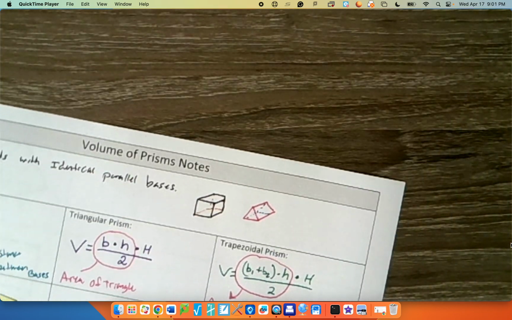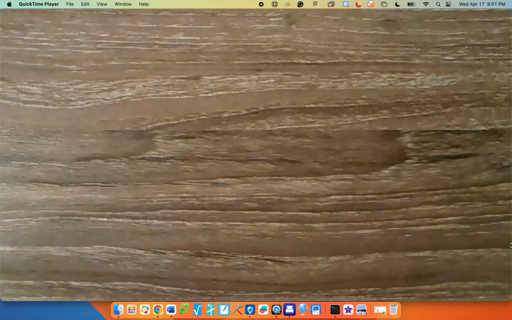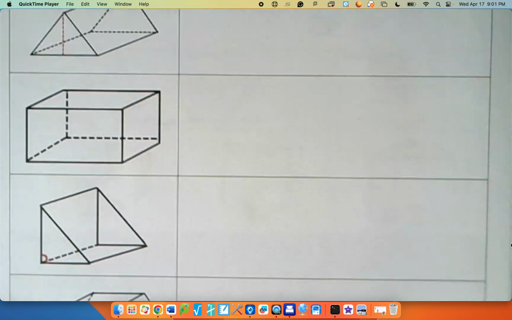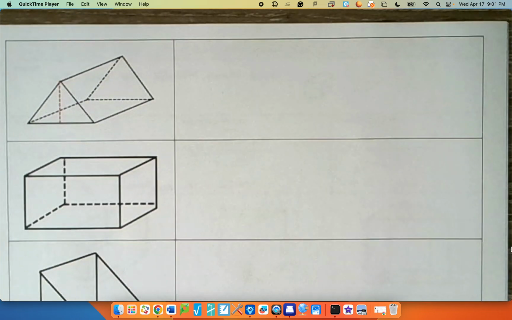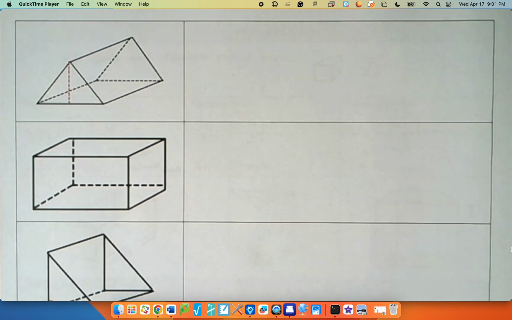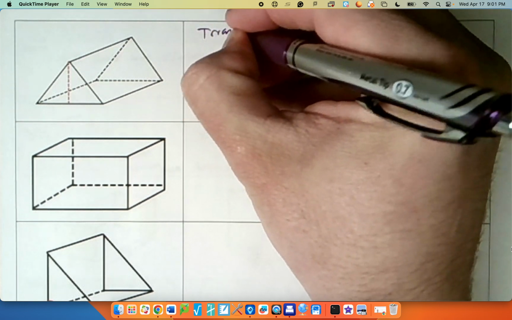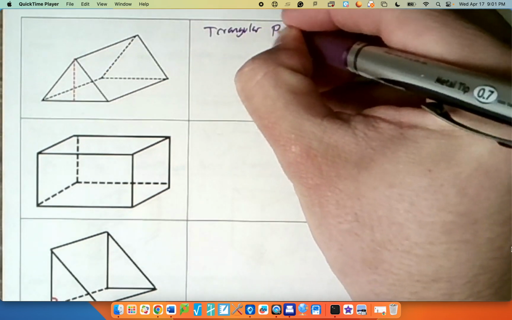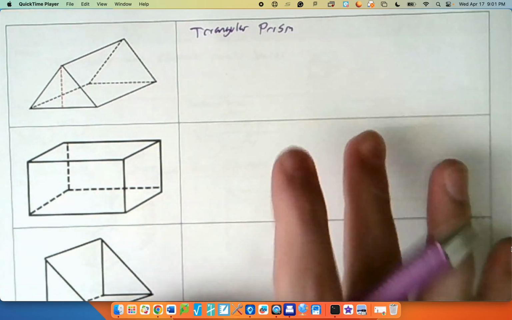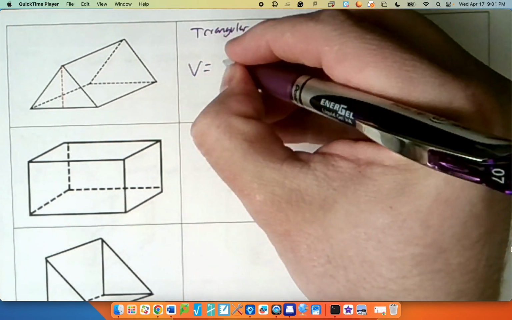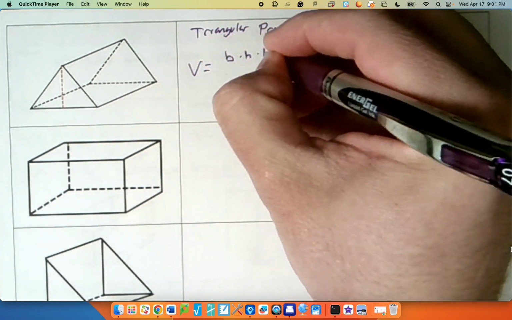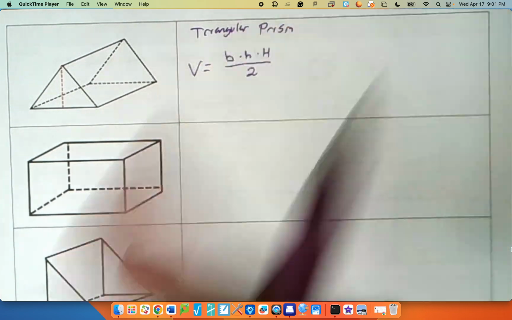All right, let's flip it over to the second page. We've got a few more of our shapes. The top one right here is a triangular prism. We need to find the volume by taking base times height times big height, dividing by 2.